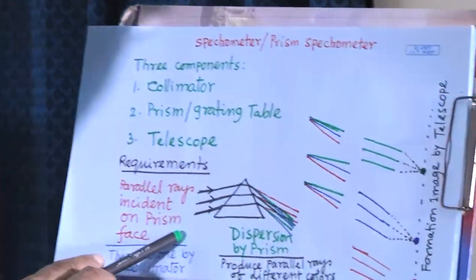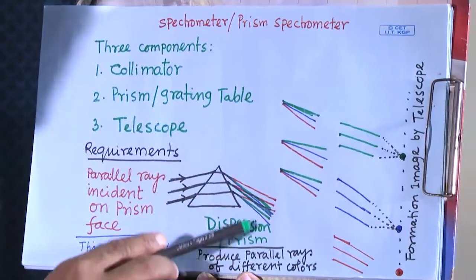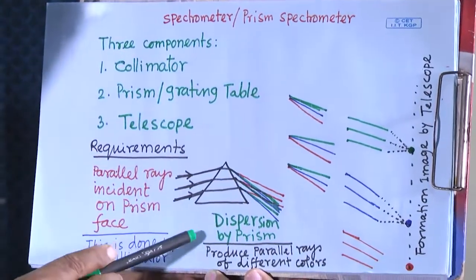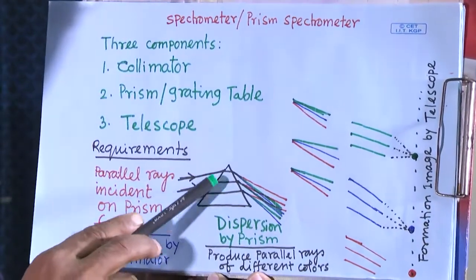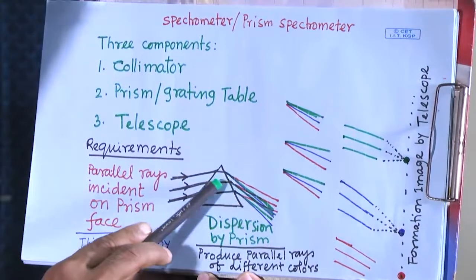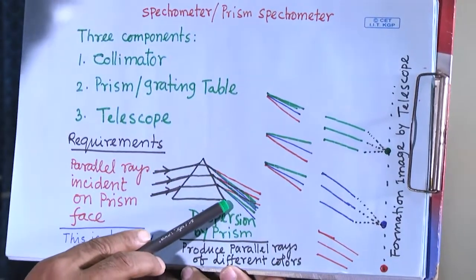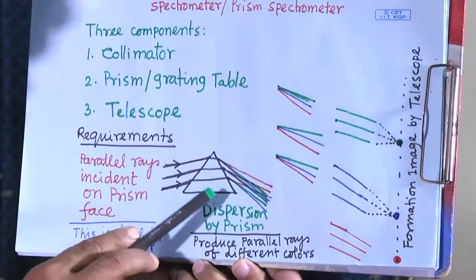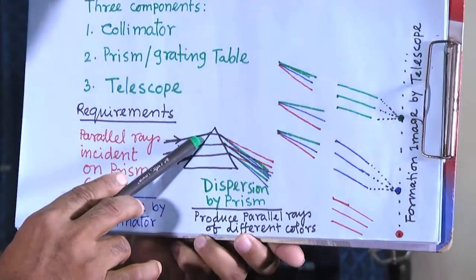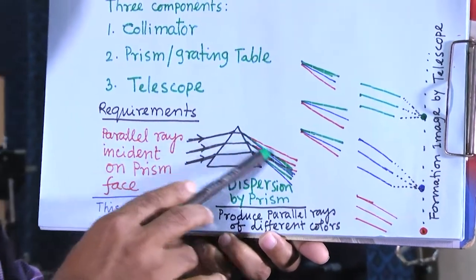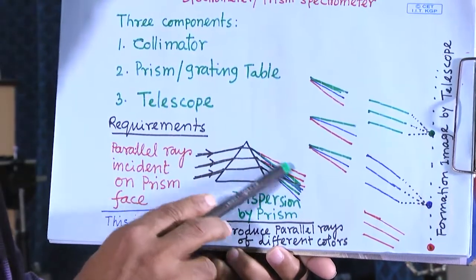Then the prism, by dispersion, has the capacity of dispersion, which means when white light falls on the prism, on the other side all colors will be separated. Generally when we draw a ray diagram, we take one white light ray falling on it, and after refraction due to dispersion, the different colors are separated.